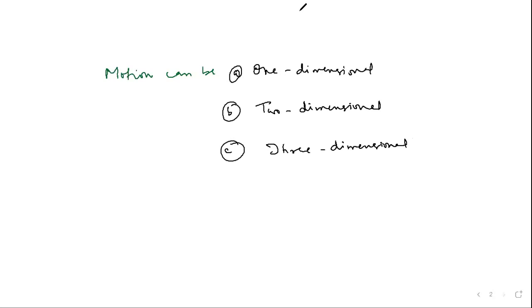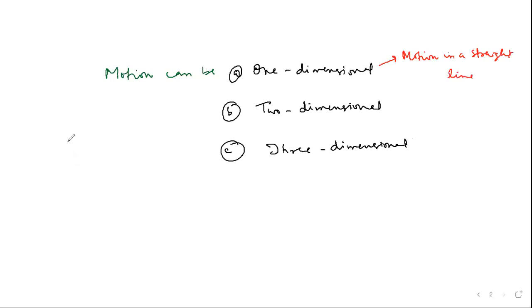One-dimensional motion means motion is confined along a straight line. So motion in a straight line is one-dimensional motion.